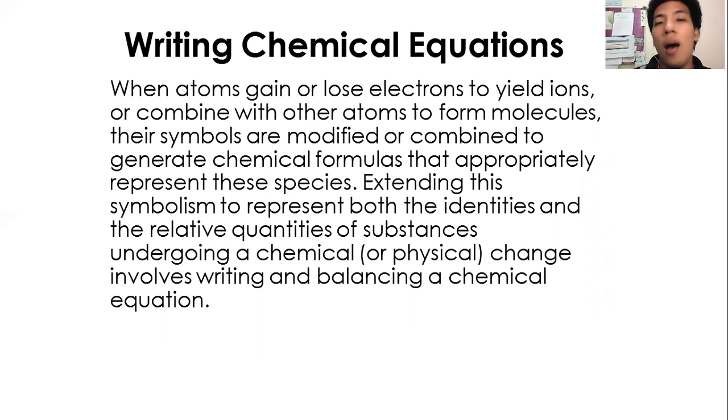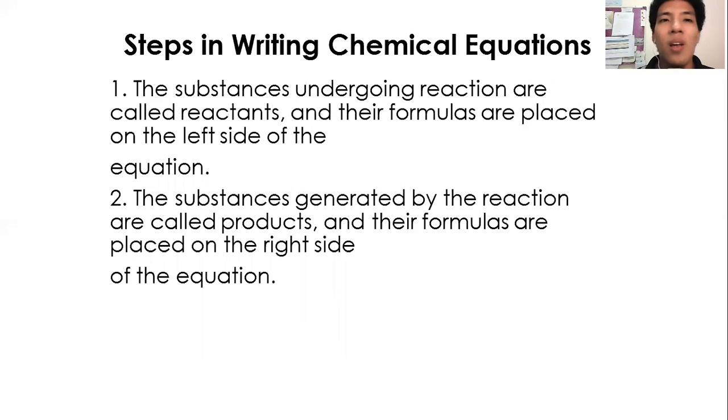And this is actually a combination of different chemical formulas. So with this, we need to extend the symbolism to represent the identities and relative quantities of substances that undergo chemical changes, which involves balancing a chemical equation. So how are you going to write equations, especially chemical equations?